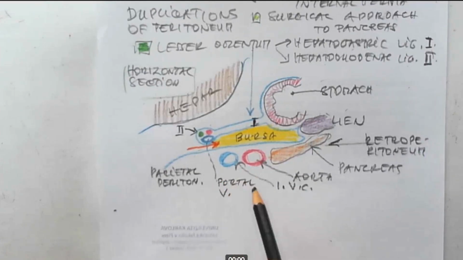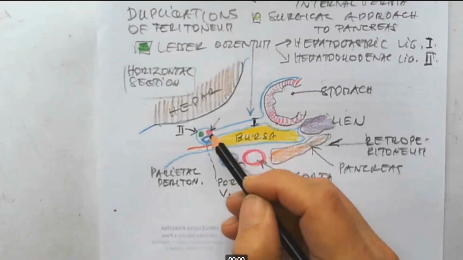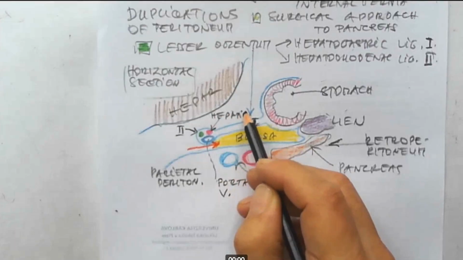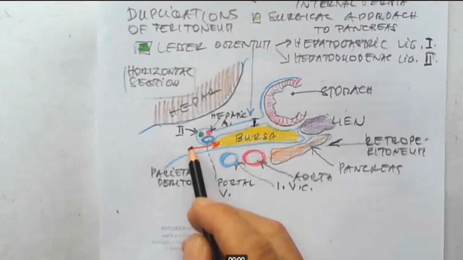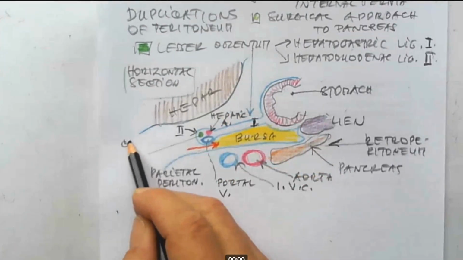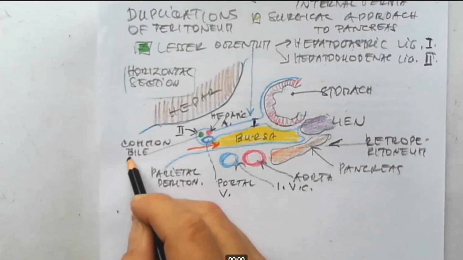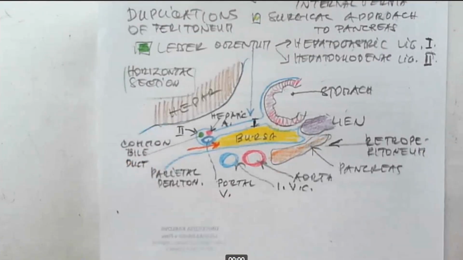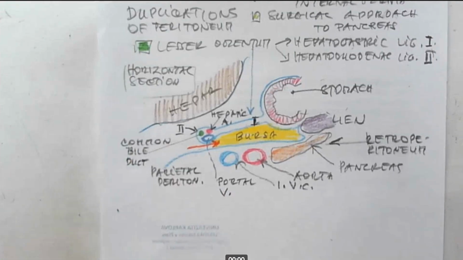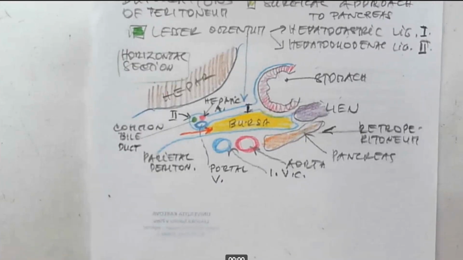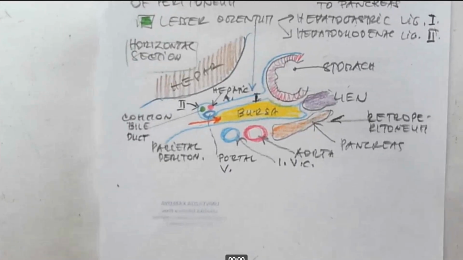That reddish structure is the hepatic artery, and that one is the common bile duct. The common bile duct collects and transports bile to the gallbladder, and also directly to the papilla of the duodenum. So this is the last drawing. Very important to know the position, structures, boundaries of the omental bursa, etc.